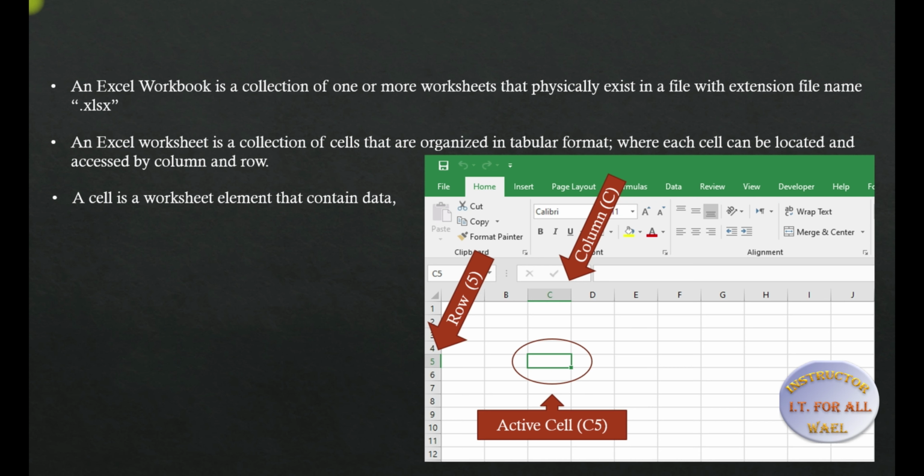The question here is, since we know that cells are recognized by column and row, and there are plenty of rows and plenty of columns, how are we going to know where we are? Do we have to memorize it? No. Excel provides us with a name box where you can find the Excel cell name.